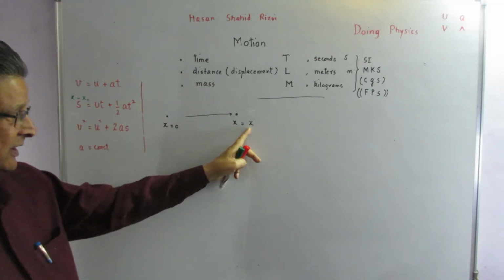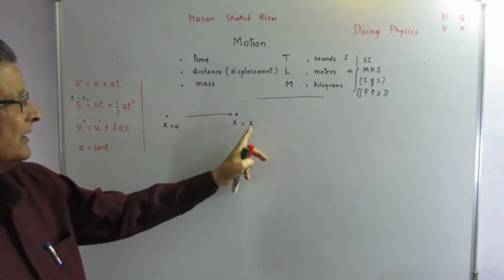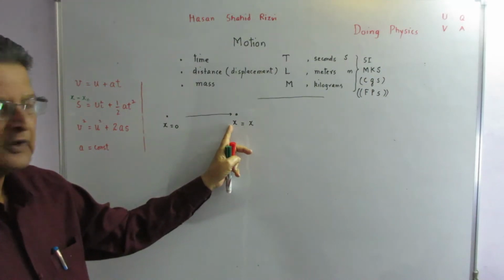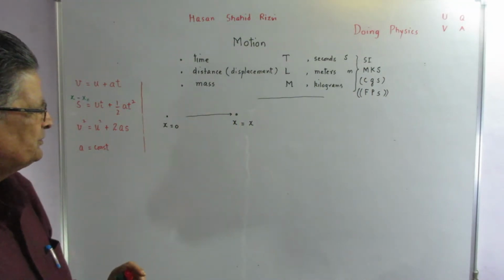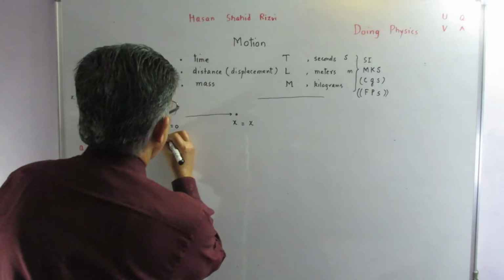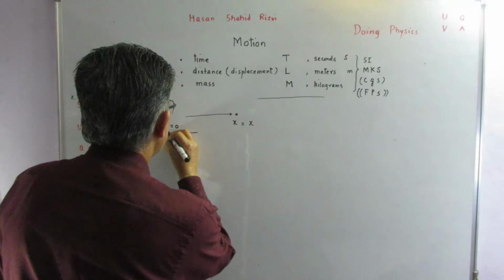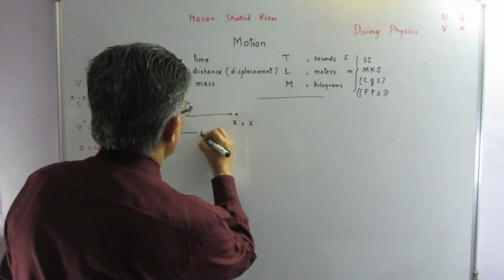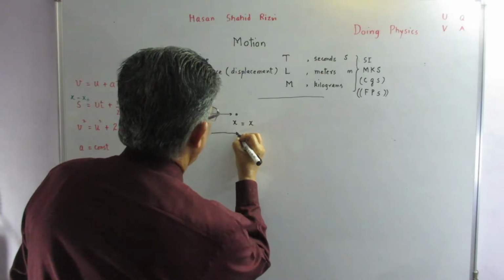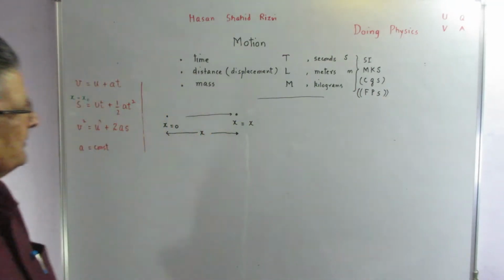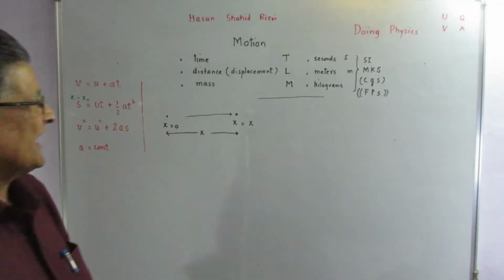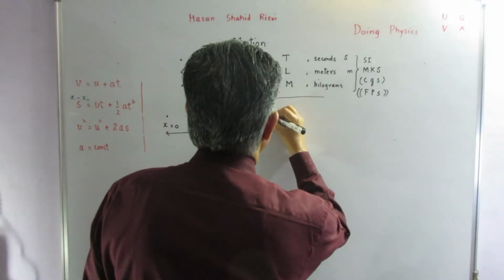So this is a value, and this is a feature. So x is equal to x. Therefore we can say that from here to here the distance is x. Another way of showing and another way of understanding. So this is distance.